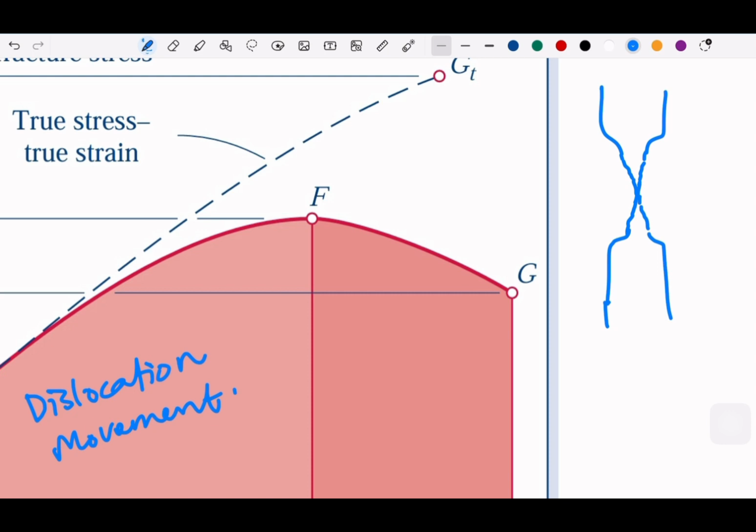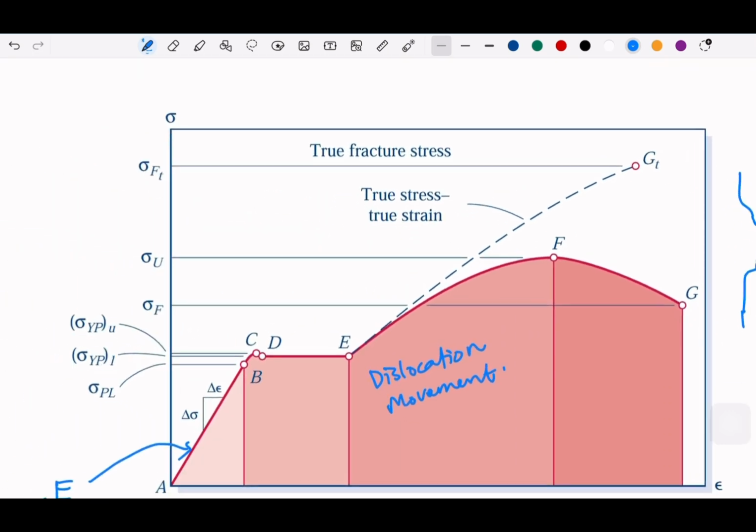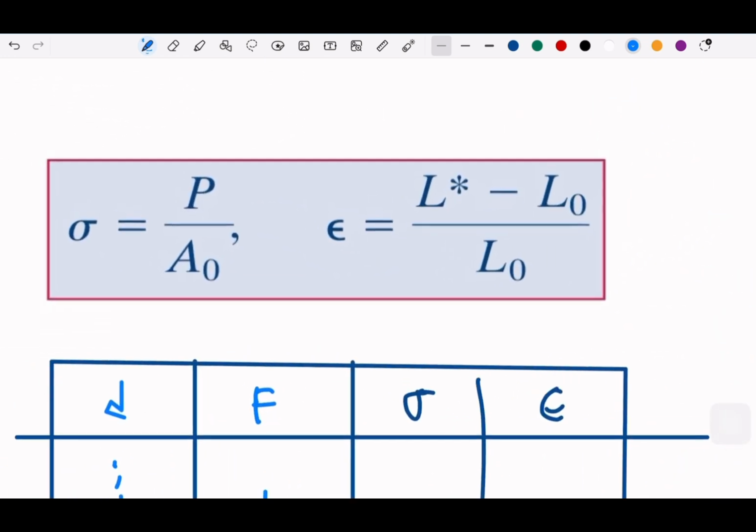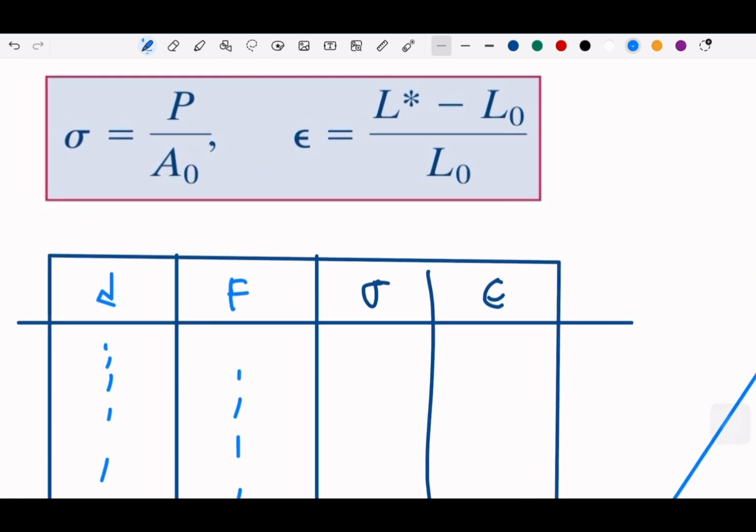Okay. So this is a problem when you deal with the original formula here. In calculating stresses here, all the numbers are from this. But when necking happens after the strain hardening, which is in plastic deformation, then the stress is not the same because the area now is changed.